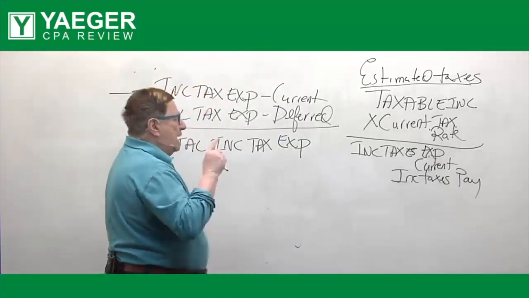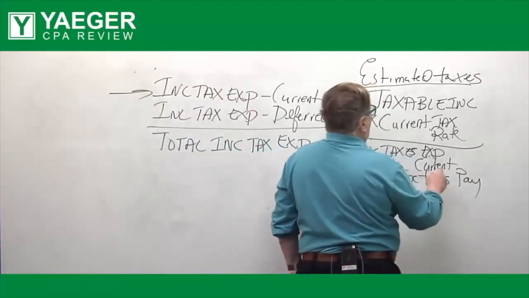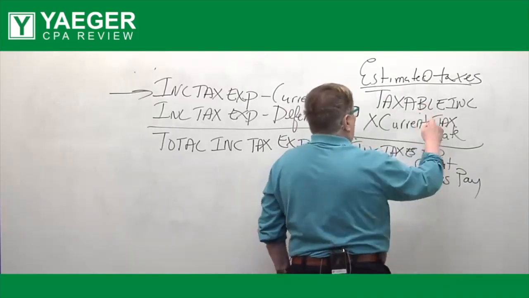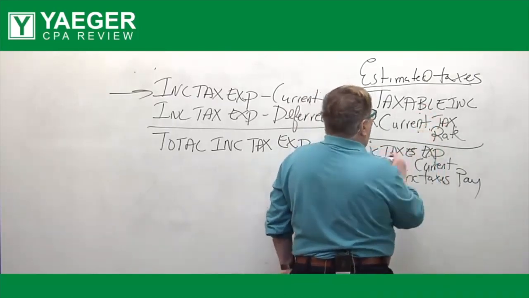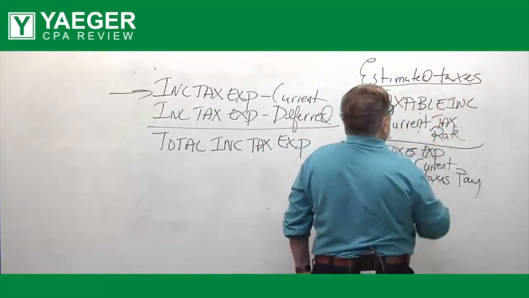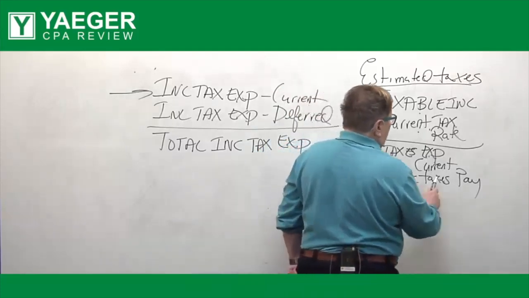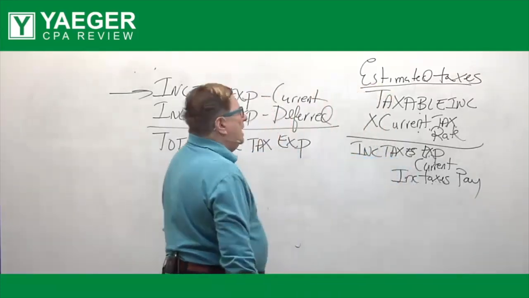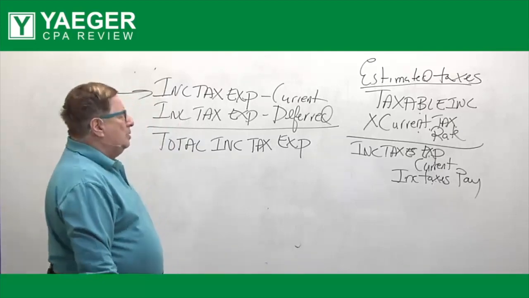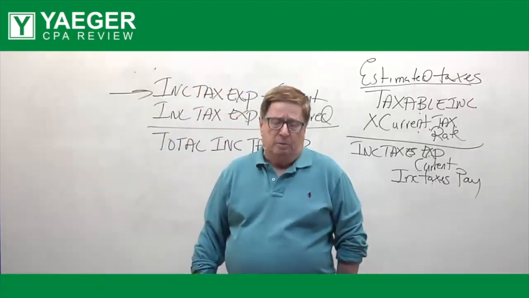But if they ask you for the income taxes payable, well, you take your taxable income times the current tax rate and subtract from the income tax expense any estimated tax payments that you paid in advance, and that will equal the income taxes payable. So estimated taxes only affect how much you actually owe the government. It only affects the income taxes payable.